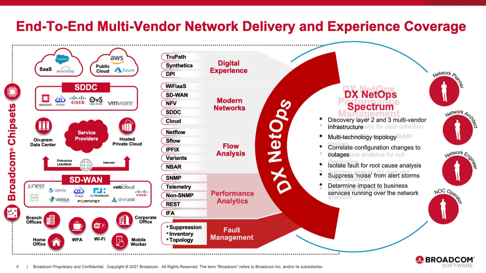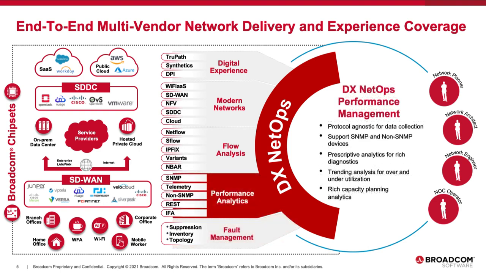And then when we look at DX NetOps performance, of course, fault and performance go together to understand agnostically multiple vendors collecting enormous amount of data, correlating that data, cleaning that data, normalizing that data across multi-vendor technologies, but presenting it in a unified, easy to understand fashion for our customers and network operations teams today.